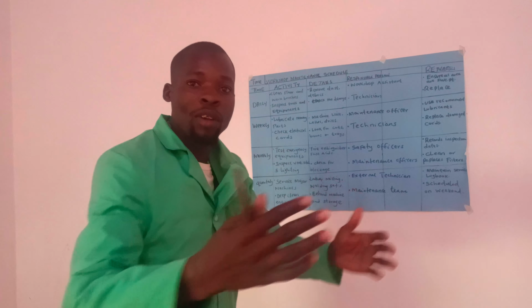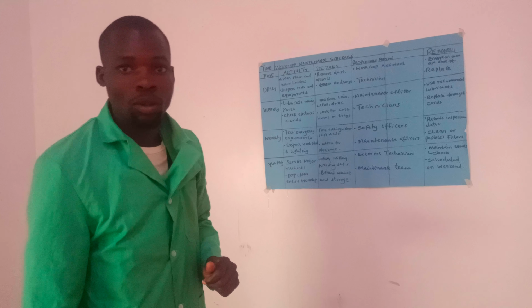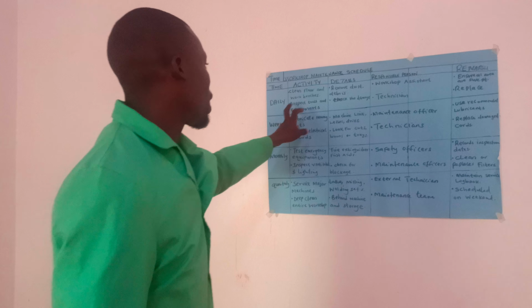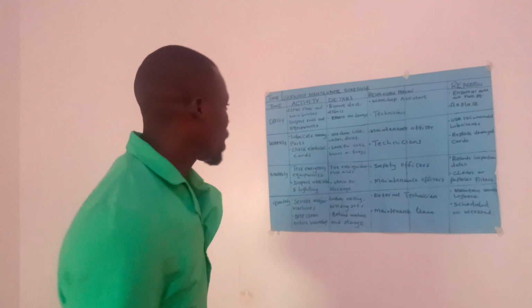Now the learning outcome of the day comes here. Let's take an example: a daily maintenance schedule that you carry out on the tools that you have. On a daily basis, you have to clean the floor and workshop benches. Another one that you can also undertake within the same day is to inspect tools and equipment.